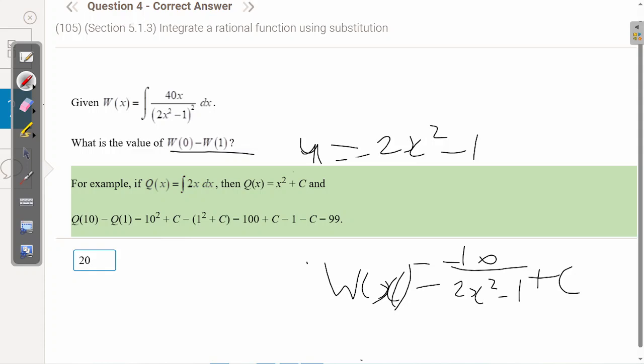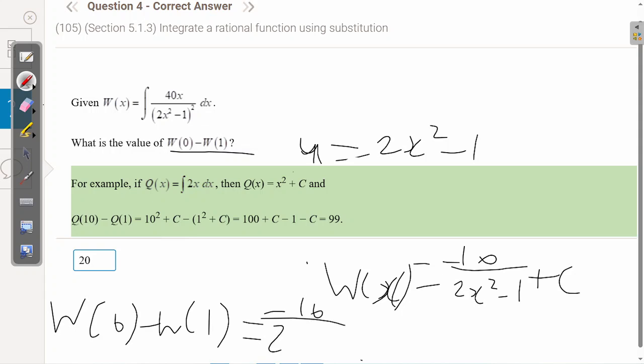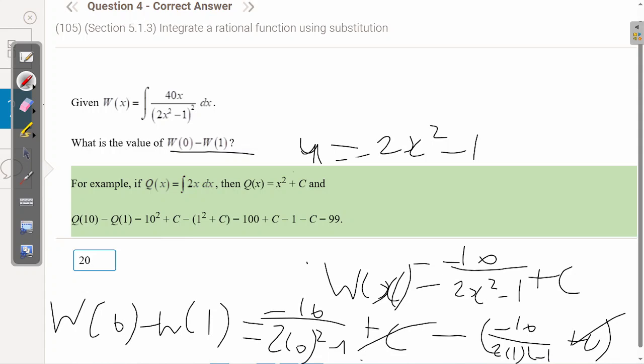So it will be w of 0 minus w of 1 equals negative 10 over 2 times 0 squared minus 1 plus c, minus negative 10 over 2 times 1 squared minus 1 plus c. The c's will get cancelled, and this will be equal to negative 10 over negative 1 plus 10.